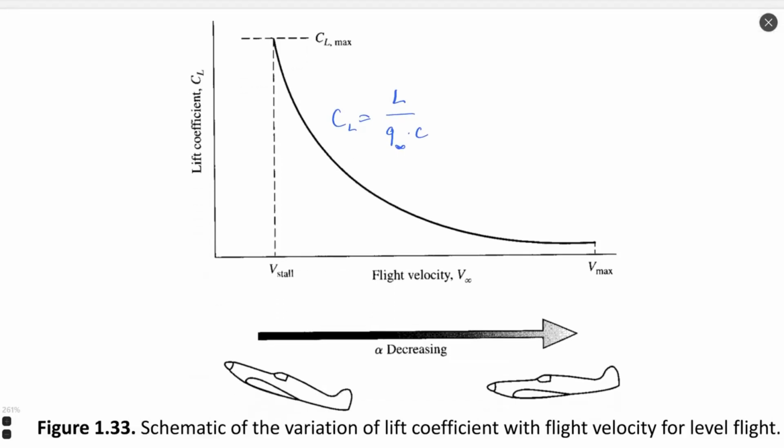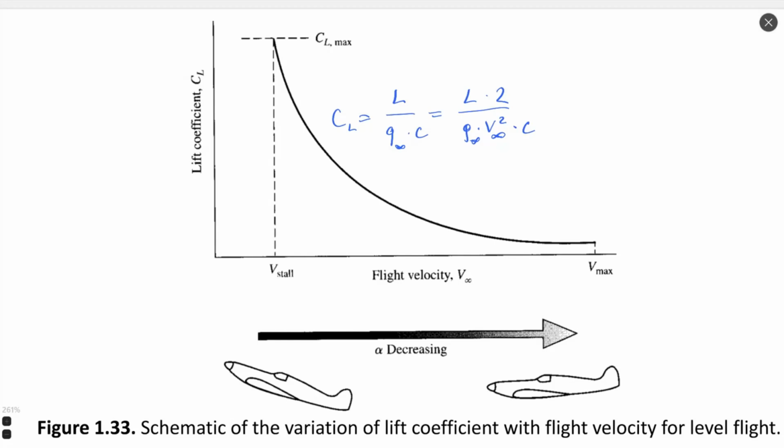When we apply it here and calculate velocity from this equation, we will see the following. Let me write it. We will use the definition of velocity from dynamic pressure. This was equal to lift divided by, here 2 goes here, density, velocity squared, multiplied by chord or area.